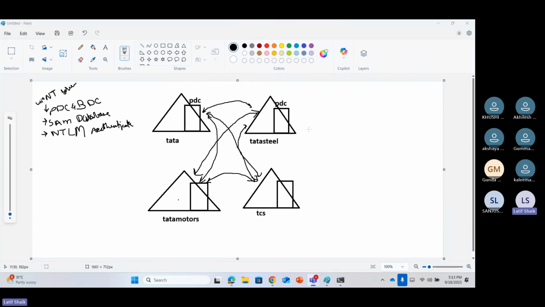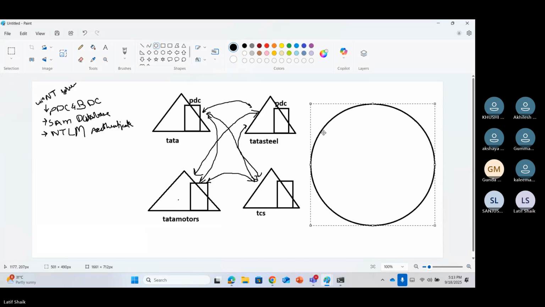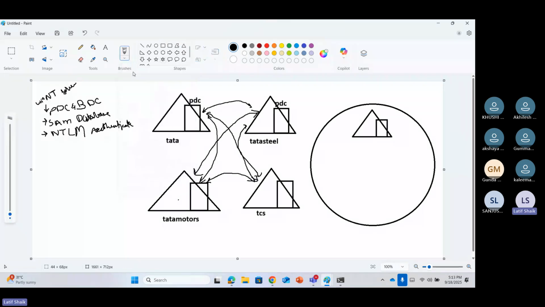Okay, so this architecture is replaced by our Active Directory architecture. In Active Directory architecture, first we create a domain, and there is a domain controller. So when you create a domain, it means there is a domain controller.